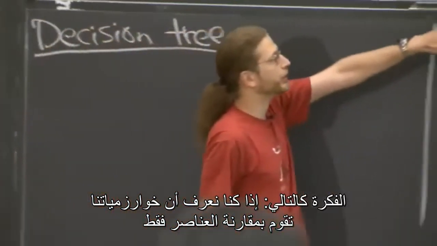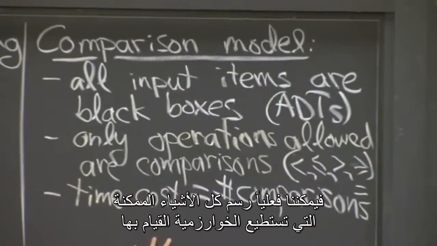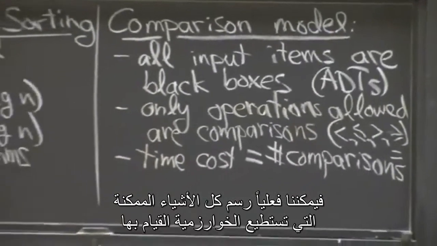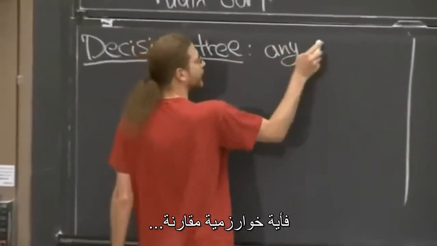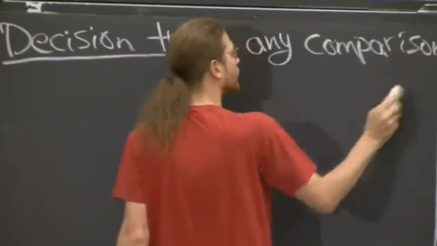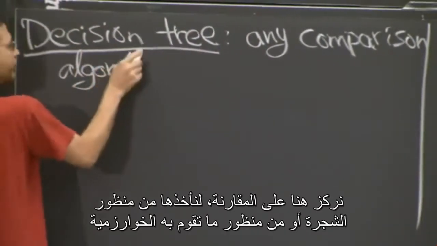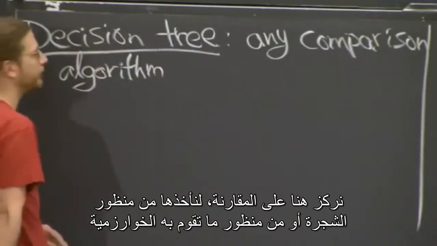If we know that our algorithms are only comparing items, we can draw all the possible things that an algorithm could do. So any comparison algorithm, focusing in on comparisons, lets us take a tree perspective of what our algorithm does.